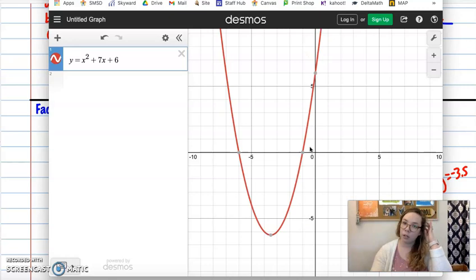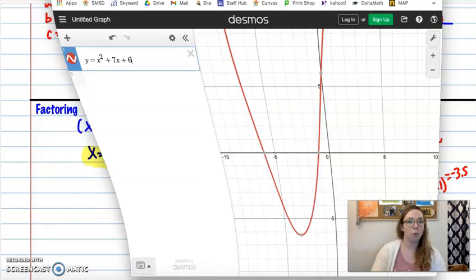So this is what our picture would look like, and I can hover over and I can see that negative 1 is a 0 and negative 6 is a 0. So Desmos is helpful to check your work along those lines as well.